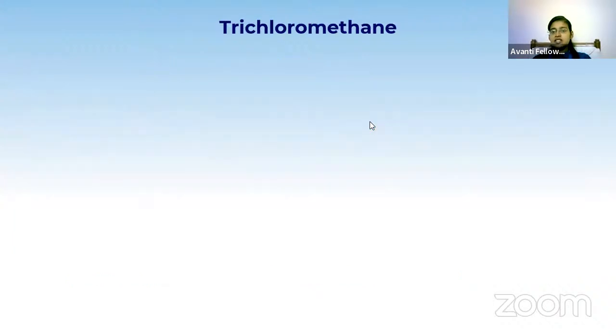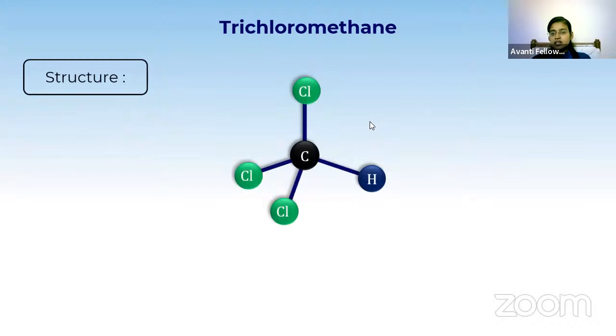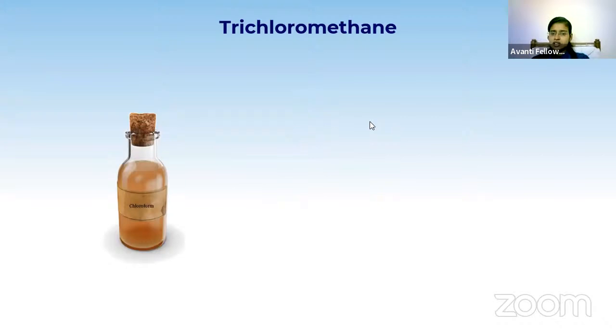Then the second one is trichloromethane. Trichloro means I have CHCl3. This is trichloromethane, and the common name is chloroform. It is actually colorless in nature, though it looks brownish here.